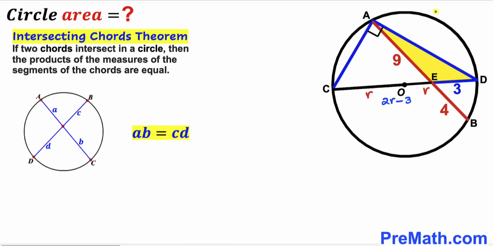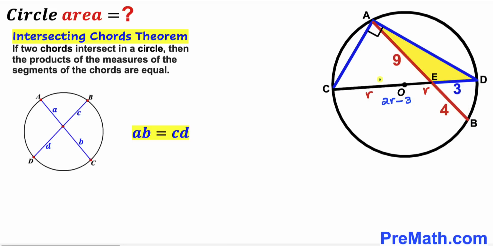Now we are going to revert our attention back to the given problem. We can see this chord AB and this diameter CD, and they intersect each other at this point E. As a result, we end up with these four segments: this segment CE, this other segment ED, likewise this segment AE, and finally this segment EB.